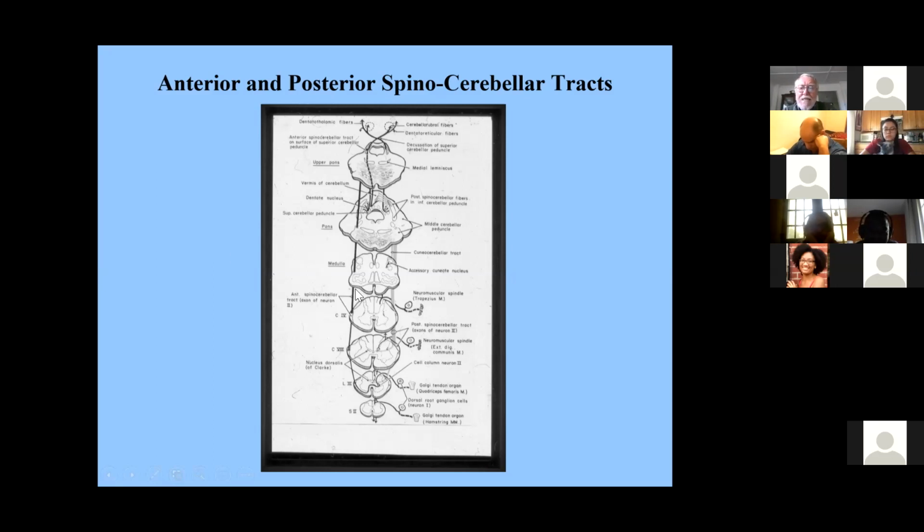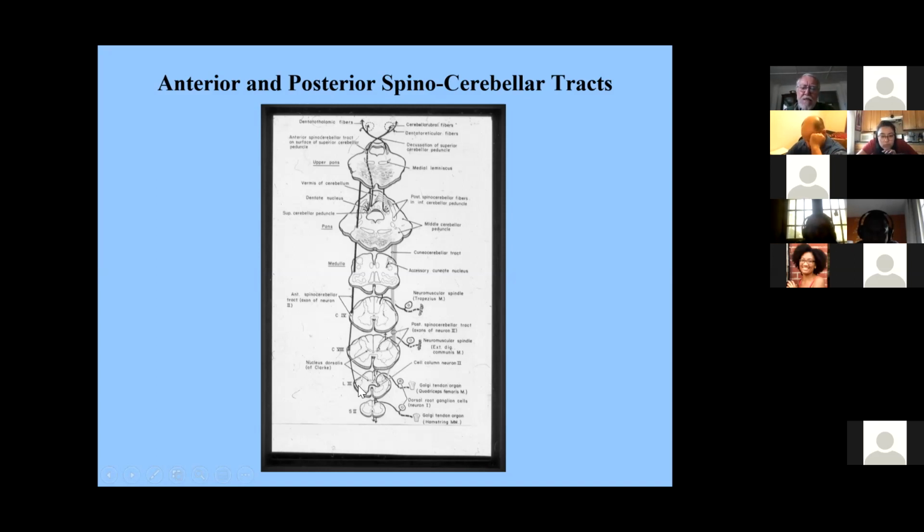So, in addition to the nucleus of Clark forming this ipsilateral posterior spinocerebellar pathway, it also gives rise to a second pathway, where at the level that the nucleus of Clark is found, the fibers go across the anterior white commissure and then form the anterior spinocerebellar tract.